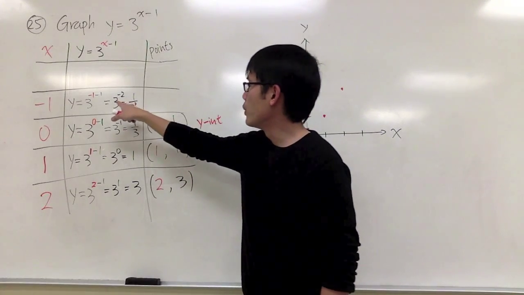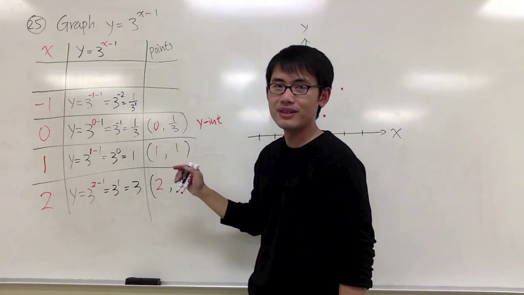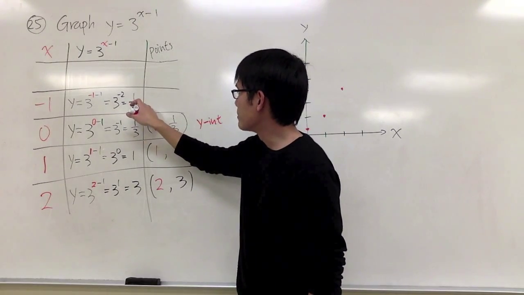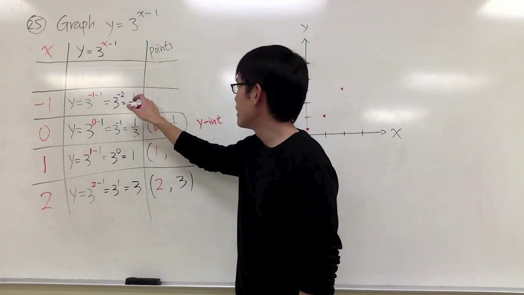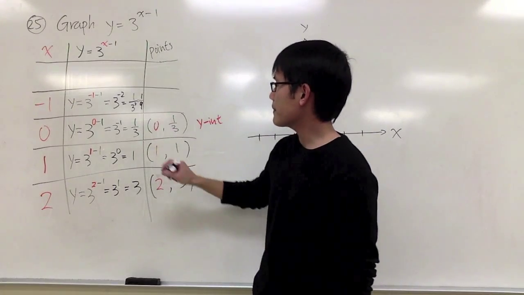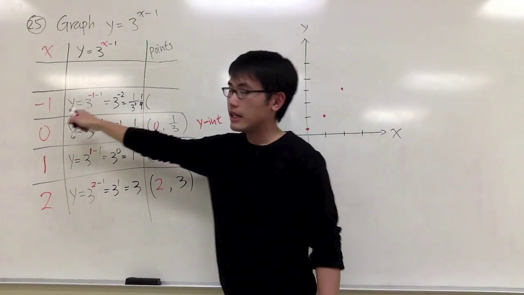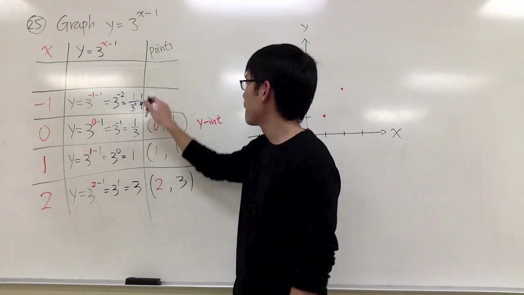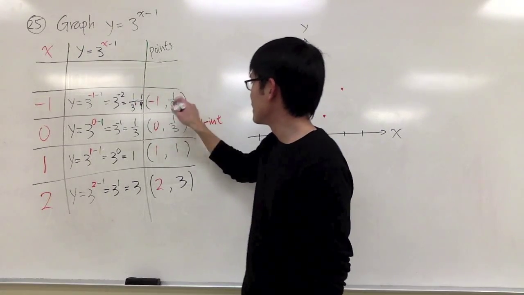In this case, we turn this into 1 over 3 to the second power, and then 3 to the second power in the denominator is 9, so 1 over 9. So the point that we get is x is equal to -1, y is 1 over 9. Just like that.